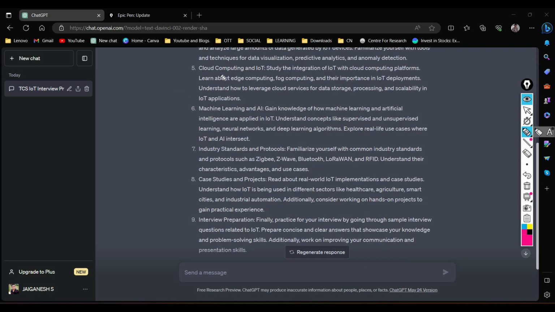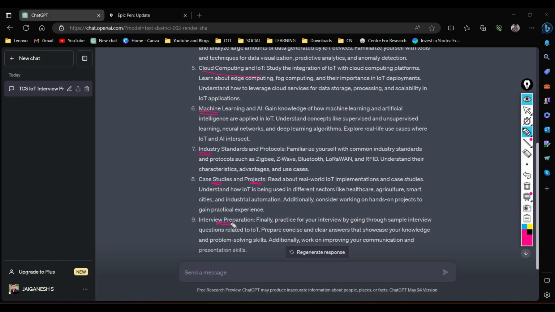I should be familiar with cloud computing concepts and the machine learning area, and with the industry standards and protocols that are available, especially in the field of IoT. I should be ready with some case studies or projects which I might have done in my graduate studies. And finally, I will have to prepare for the interview. This is the general context given by ChatGPT.